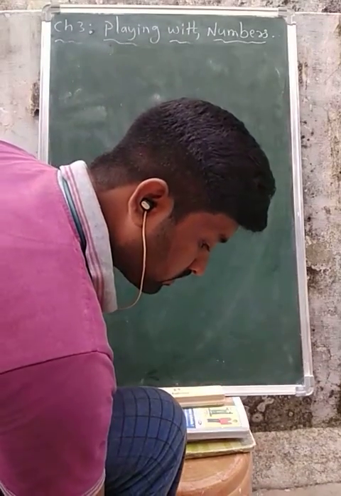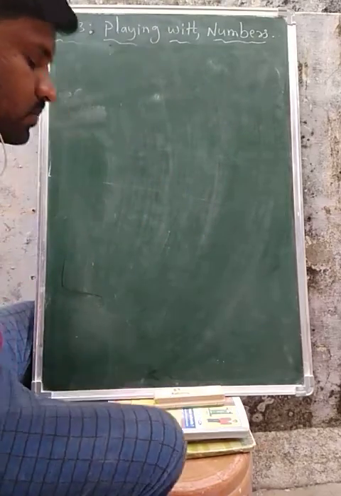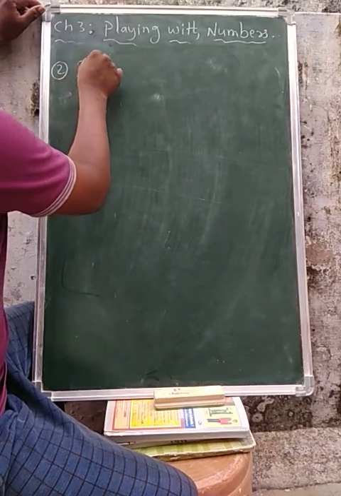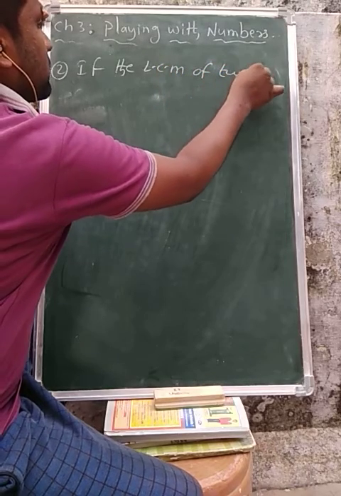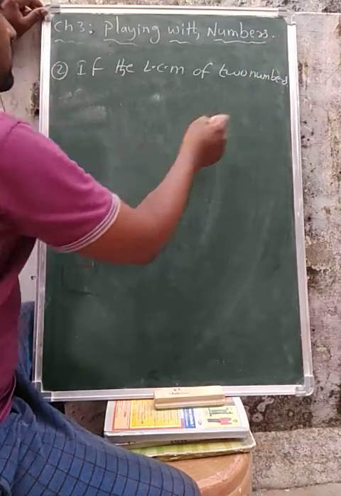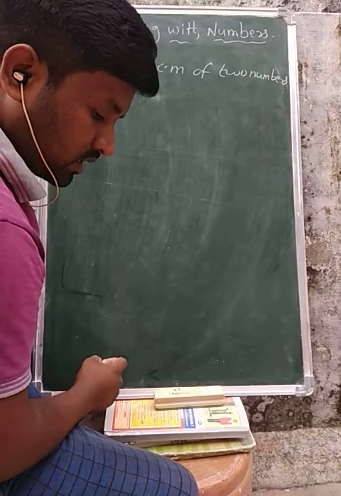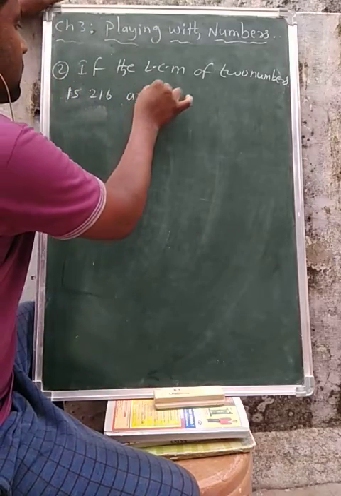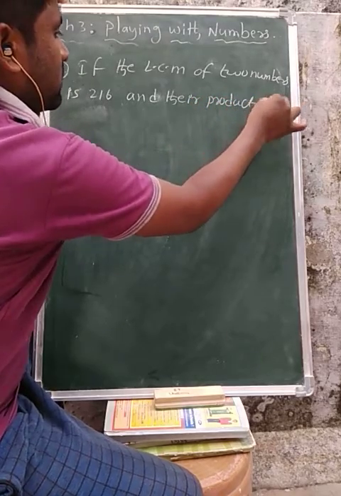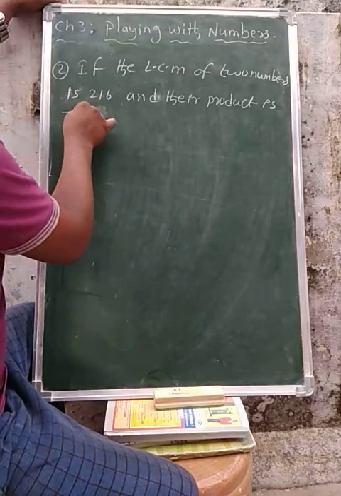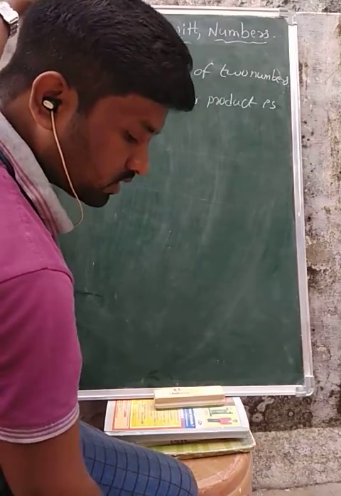The second question is given: if the LCM, least common multiple, of two numbers is 216 and their product is 7,776, what will be its HCF?